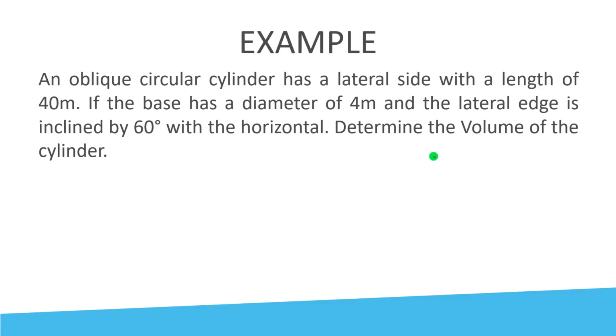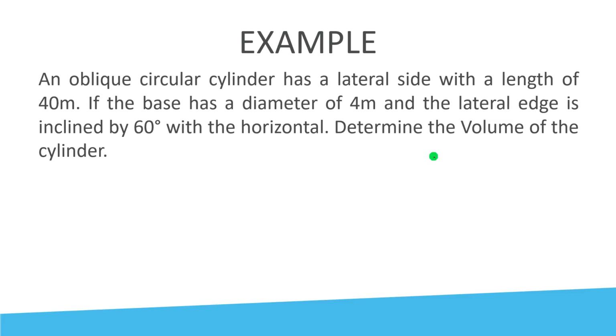An oblique circular cylinder has a lateral side with a length of 40 meters. If the base has a diameter of 4 meters and the lateral edge is inclined by 60 degrees with the horizontal, determine the volume of the cylinder.